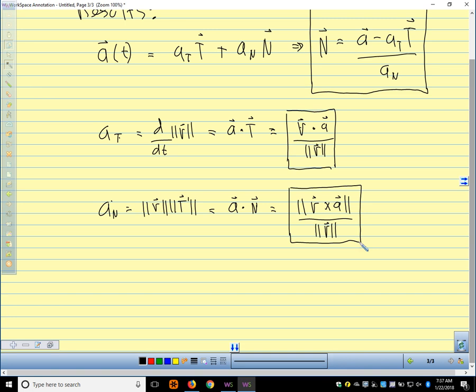And from looking at that last quantity we looked at, a dot a, we can see that this is also equal to the square root of the magnitude of a squared minus a sub t squared. This may be a very nice way to calculate a sub n also.